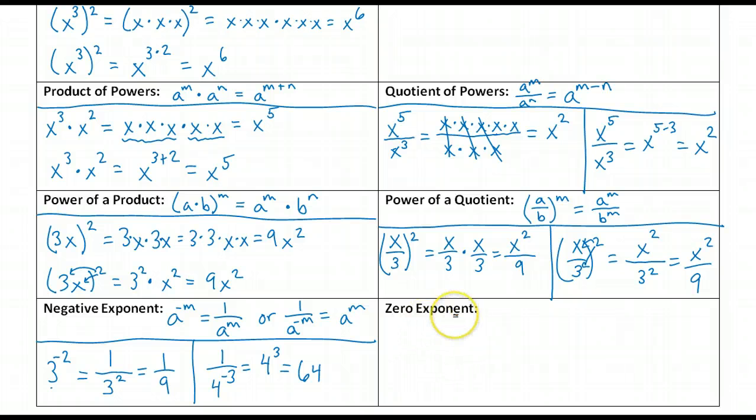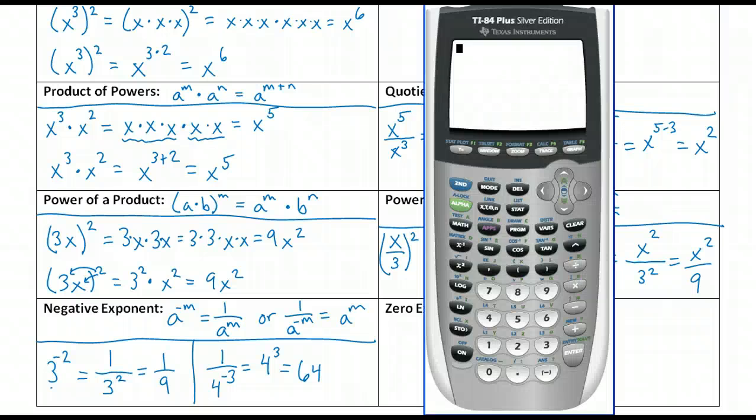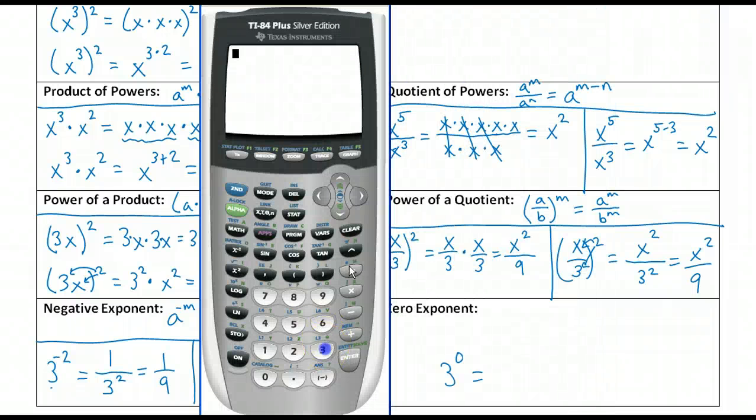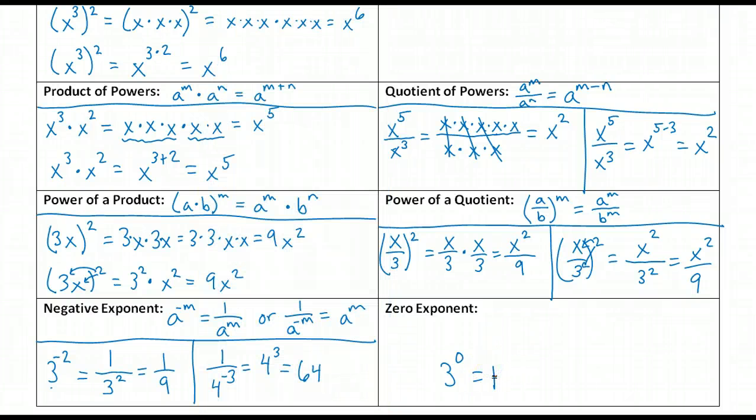And the last property, the zero exponent property. If I have 3 raised to the 0 power, my answer is not 0, it's actually 1. If I have 3 to the 0 power, I really have 3 to the first over 3 to the first.